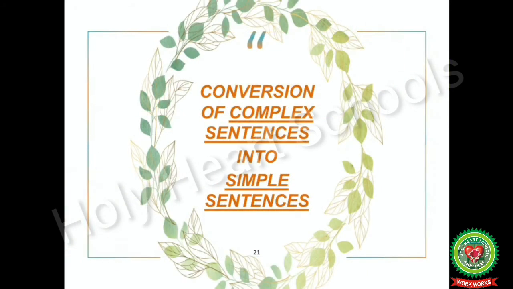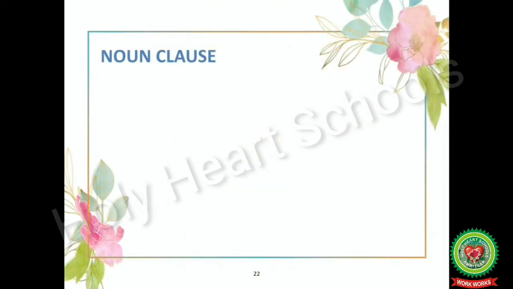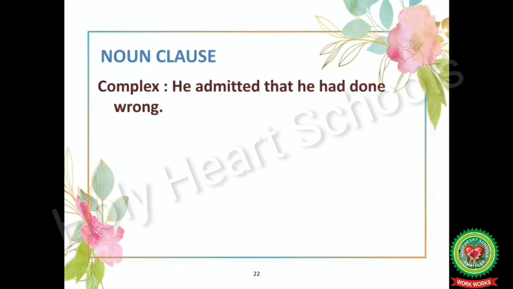Now next students, now we will learn how to convert complex sentences into simple sentences. Now first of all, we will convert the sentence containing a noun clause. So our first sentence is, he admitted that he had done wrong.